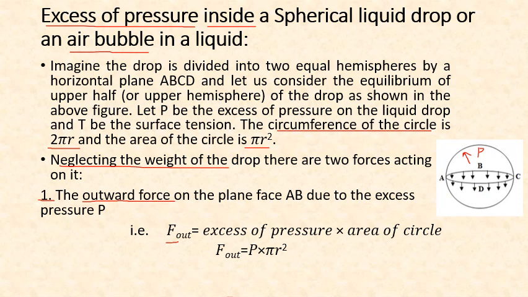We know that pressure is given by force per unit area, so force will be excess pressure into area. Here area will be the area of the circle, because we are calculating for the upper hemisphere. F out is given by P into pi r square, where excess pressure is denoted as P.